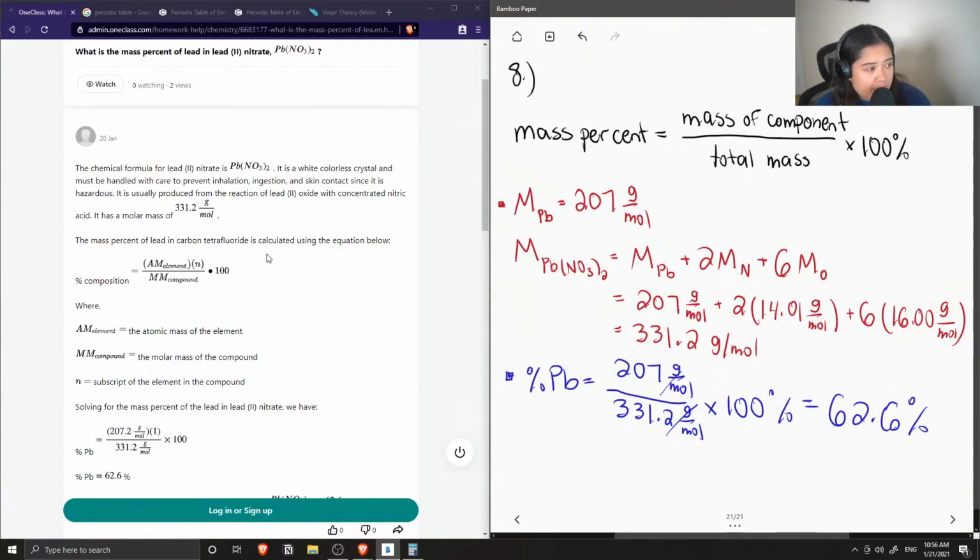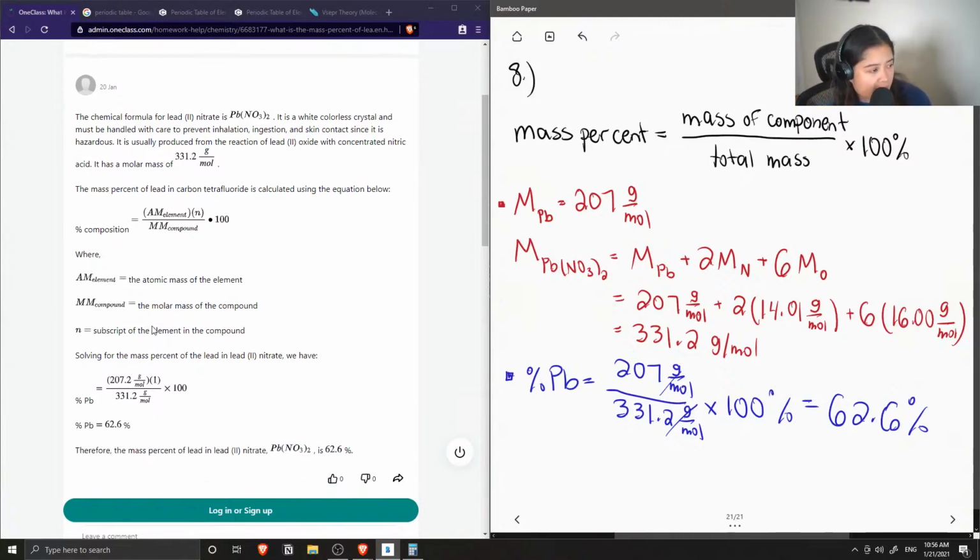It has a molar mass of 331.2 grams per mole. The mass percent of lead in, I think they mean, lead nitrate, is calculated using the equation below, where percent composition is equal to the atomic mass of the element times the subscript of the element in the compound divided by the molar mass of the entire compound.